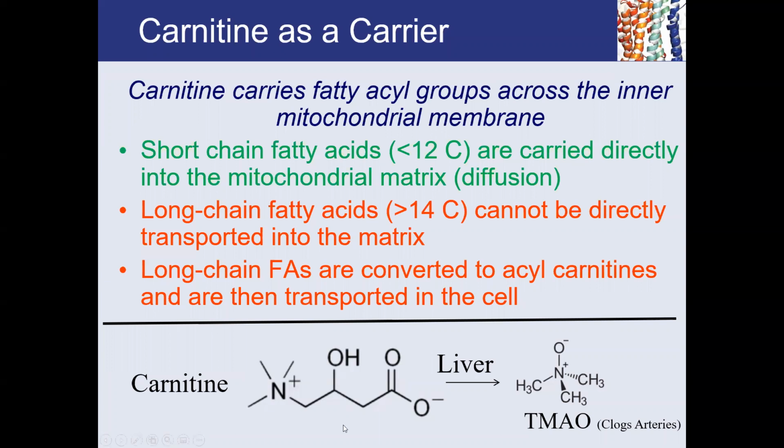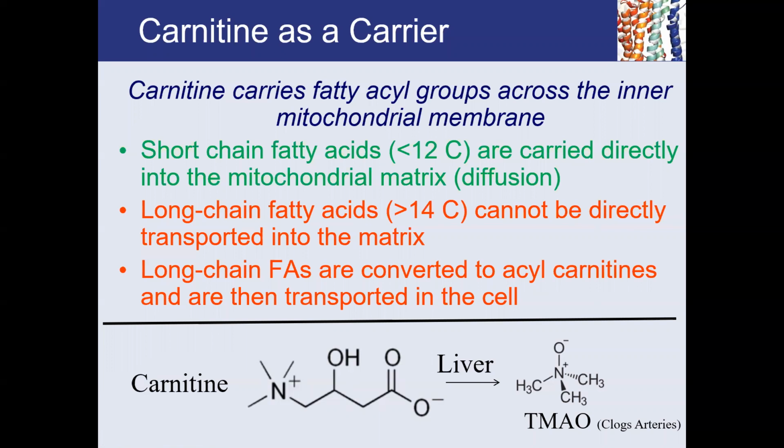It turns out that this molecule is also found in large amounts in red meat, for example beef and pork. And if you eat too much carnitine, your liver, which is the detoxifying center, has enzymes like cytochrome P450 that metabolize even carcinogens and try to excrete them through the urine.